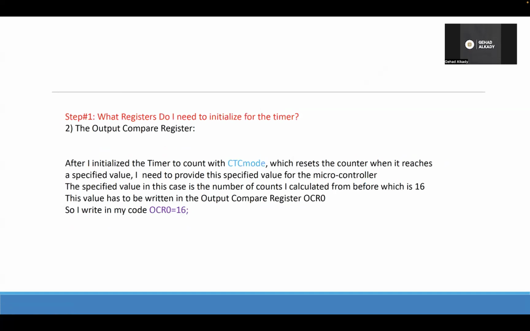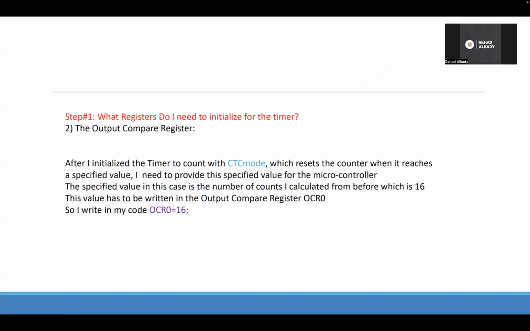Then the output compare register. Because we chose the CTC mode, and this is logical because we want the timer to reach a specific value. We don't want the timer to reach the maximum value of the register. We want a specific value, which is 1 millisecond, equivalent to 16 counts.